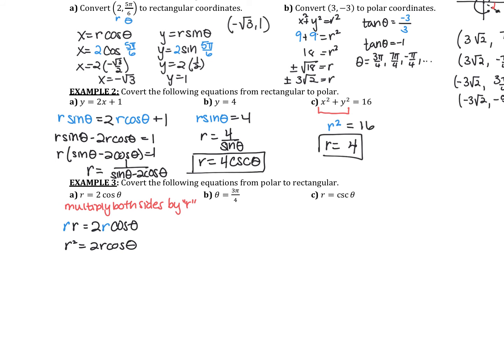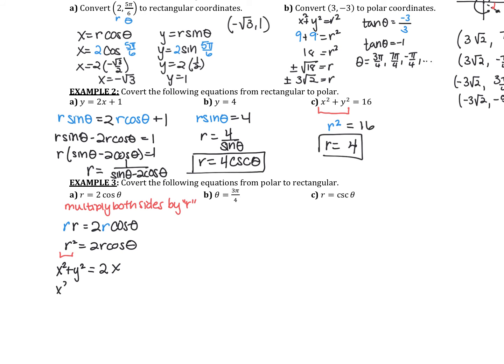Now I can make substitutions in place of the things that we know. We just said above that r squared is equal to x squared plus y squared, and we know that 2r cos theta can be rewritten as 2x. Now, this is an equation, but it's not very helpful. None of us know what this looks like. So let's do some manipulation.